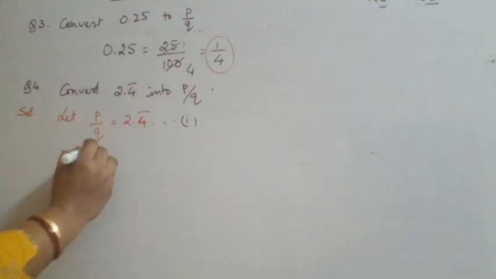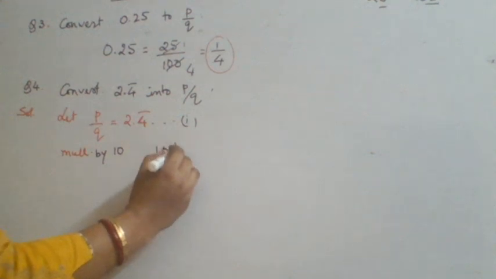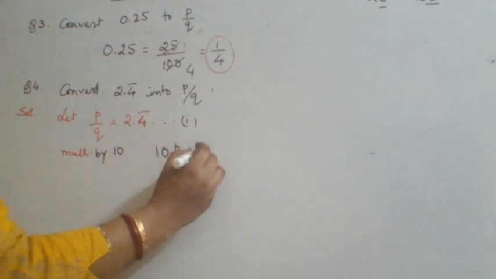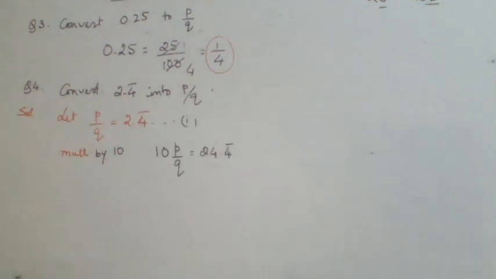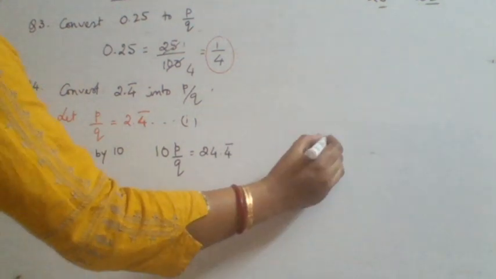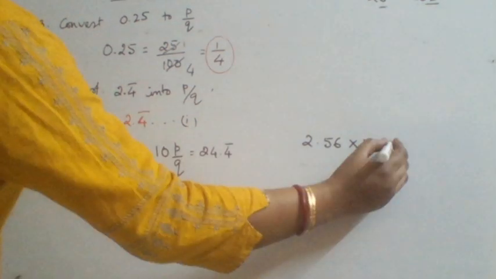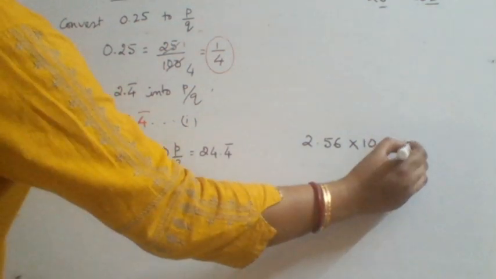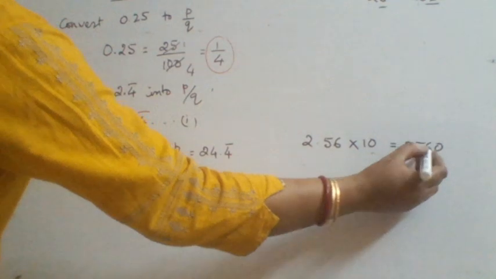Multiply by 10. If you multiply by 10, you get 10 into p by q is equal to 24.4 bar. Because you know, say if you have a number 2.56 into 10, how do you write it? This is your 25.6, the decimal moves one place.